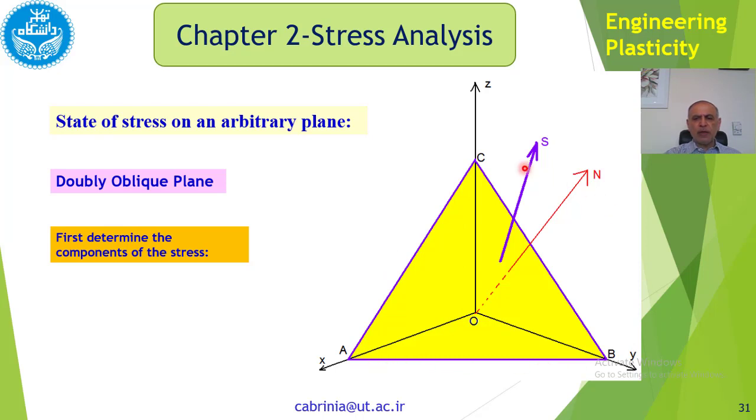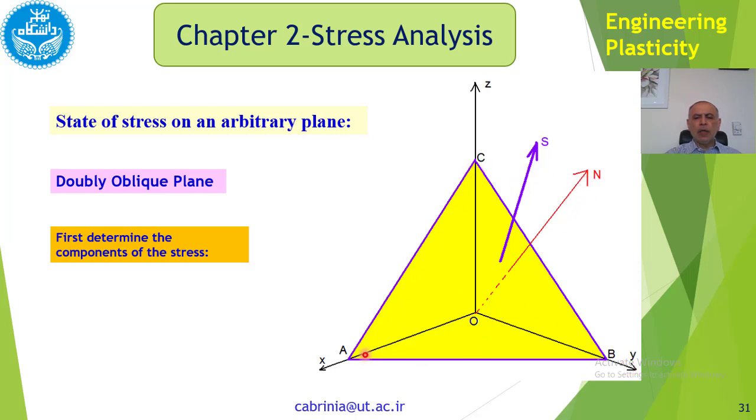This plane we call ABC, and N is the perpendicular normal vector to this plane. The normal, how do we draw that? We start from the origin and make a perpendicular line to this ABC plane and continue it like that.